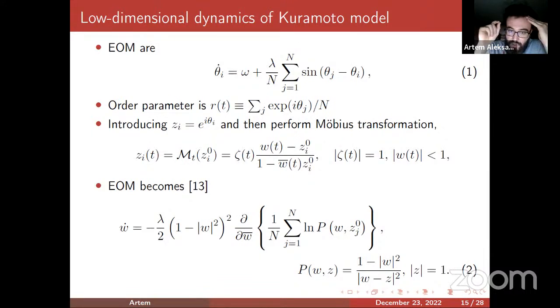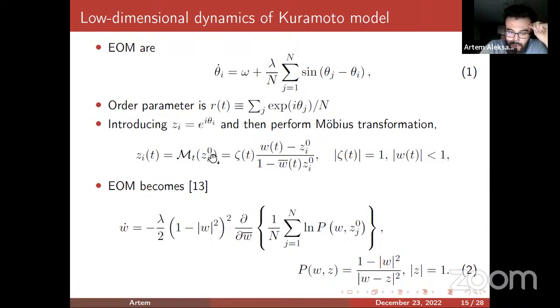And the existence of these integrals of motion causes the low-dimensional dynamics. I can represent the dynamics of the Kuramoto model by the action of a Möbius transformation. I have a Möbius transformation whose parameters depend on time, and I act with this Möbius transformation on my initial conditions.